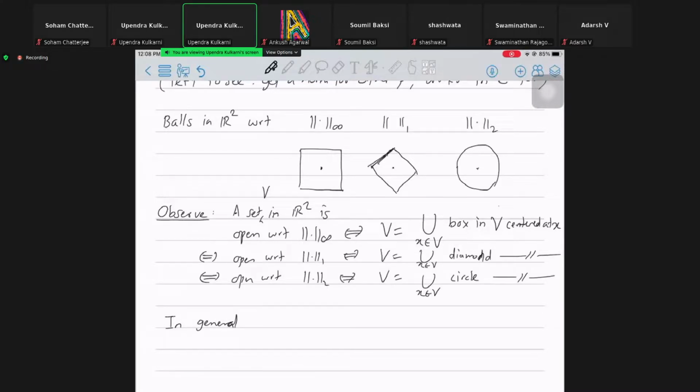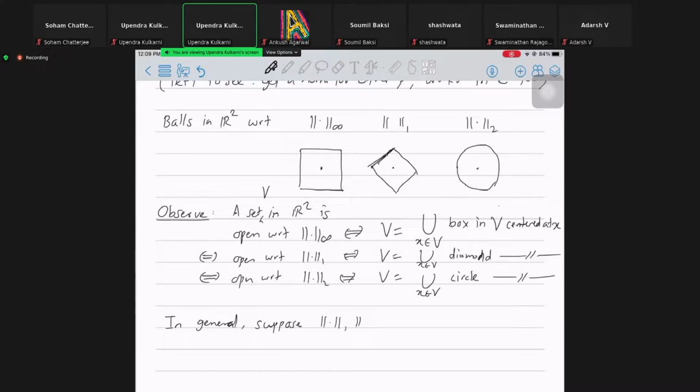I want to make a definition which captures this phenomenon in general and gives me a way to test this. So the question is, suppose I'm given two norms on some vector space.